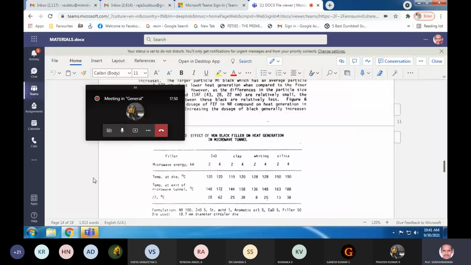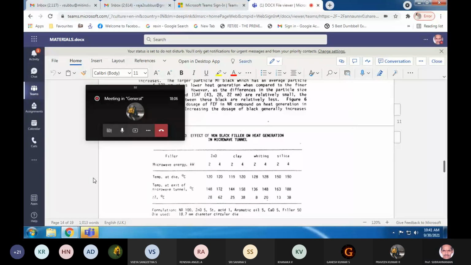Calcium carbonate is also used as a partitioning agent, as an anti-tack. So there are additives that promote the tackiness.